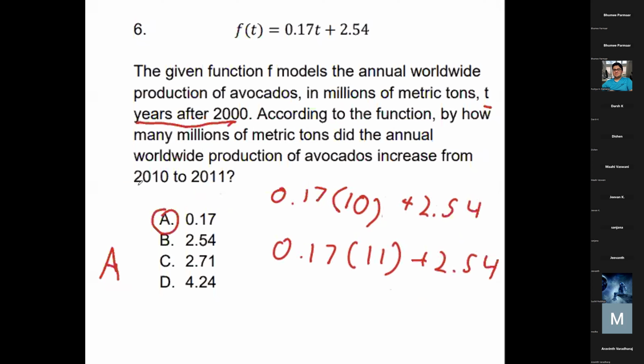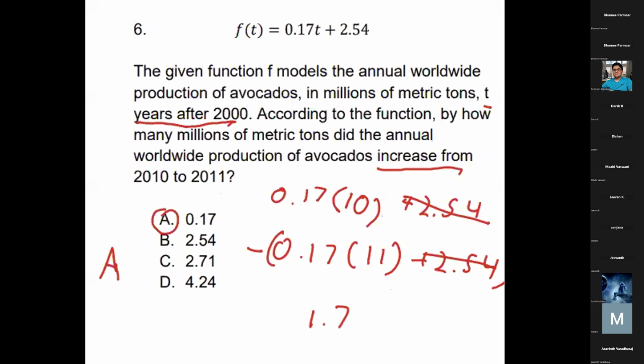And we have to find out how much it increased. So we could do this top equation minus the bottom equation, so this 2.54 would cancel out. And then 0.17 times 10 is 1.7, and 0.17 times 11.